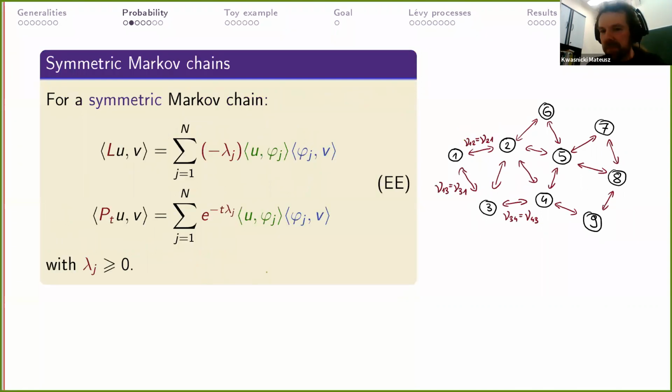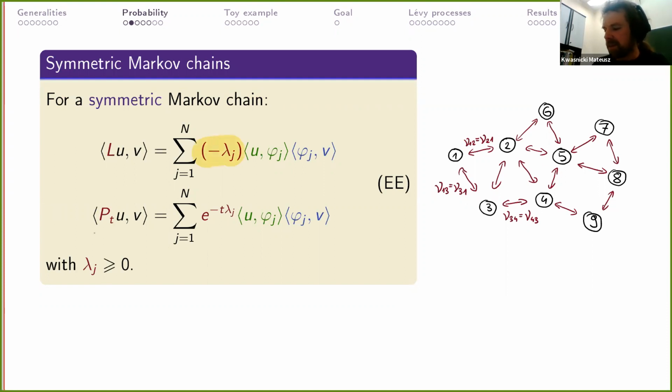If we do that, then it's fairly easy to see that, at least in the symmetric case, we get a full diagonalization of the matrix L, and the exponential of t times L has the same set of eigenvectors. What changes are the eigenvalues. Now let us denote the eigenvalues of L by minus lambda_j.